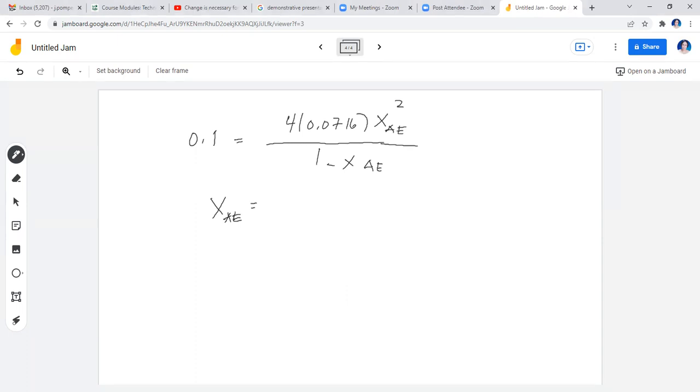Okay, what's the XAE? You will be getting two values because this will be a quadratic equation, but of course the other value will not be acceptable. There's always validation. This is one example. Cannot accept the negative value because we don't have a negative conversion.